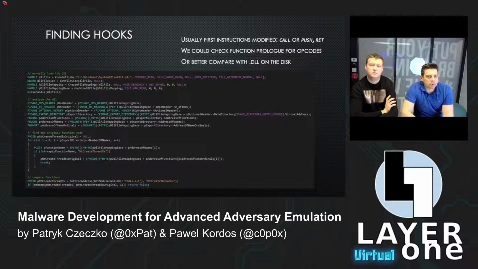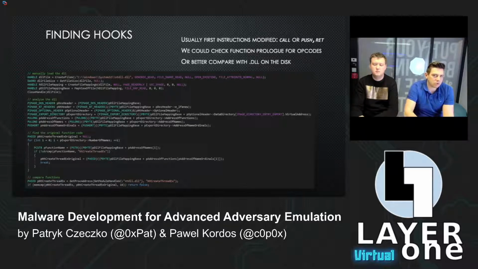And what we can do with this, first thing, we could browse the actual assembly code of the functions in memory to see if the first instructions are modified, because usually the first instructions in a hooked function would be something like call or push and return to actually call some function in an external module.